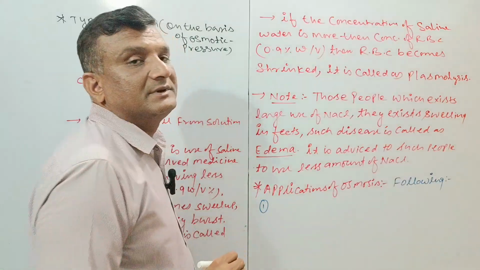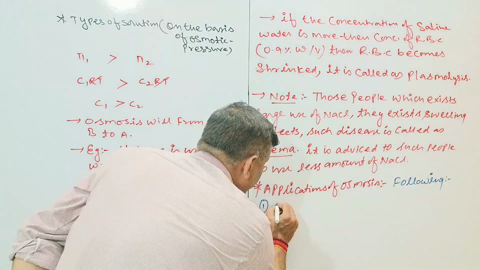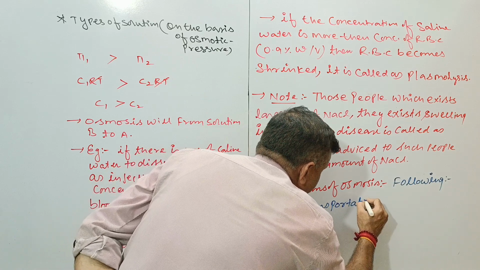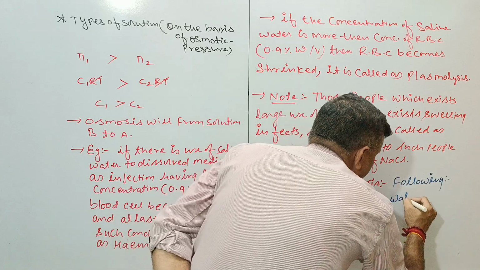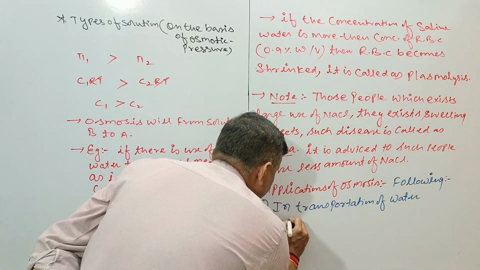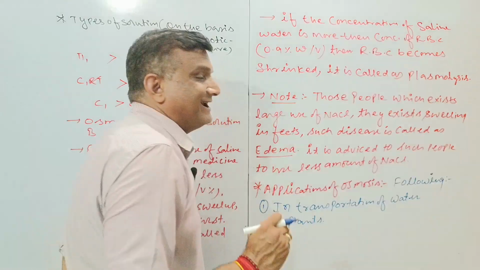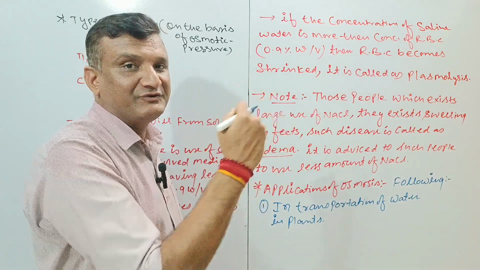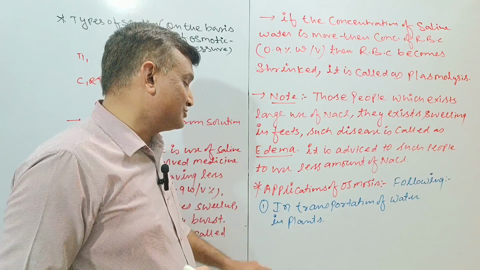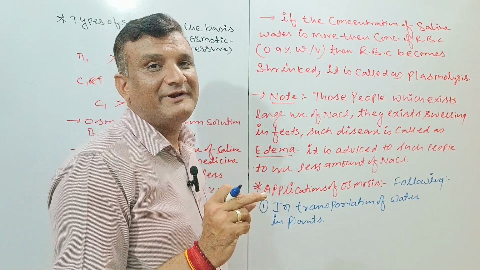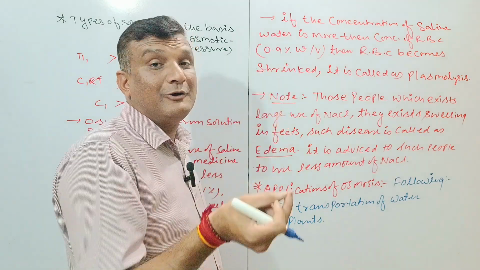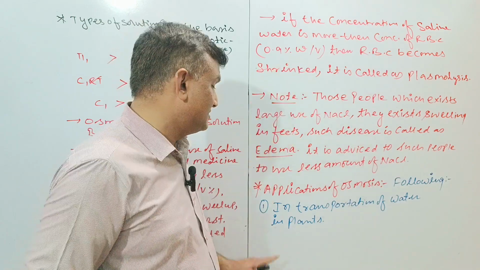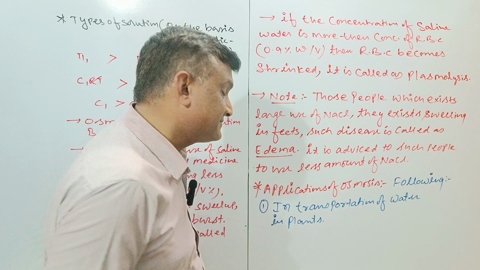Number one, in the transportation of water in plants. नो डाउट पर्टिकुलर प्लांट्स में वाटर का सप्लाई कैसे होता है, रूट से स्टेम से ब्रांच से लीव तक. तो ये पर्टिकुलर प्रोसेस जो होगा वो ऑस्मोसिस के थ्रू होगा. वाटर अपने आप में एक सॉल्वेंट है जो कि लो कंसंट्रेशन से हाई कंसंट्रेशन रूट में जाएगा, रूट से स्टेम से ब्रांच से लीव में जाएगा. दैट इज बेस्ड अपॉन ऑस्मोसिस.